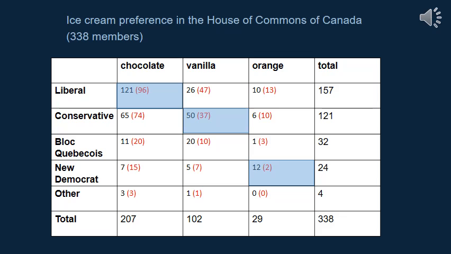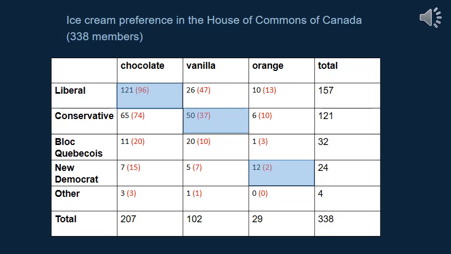I multiply by the total of the column, 207, and I divide by the total of the table, 338. So 157 times 207 divided by 338 gives me 96. So my expected count for the cell liberal/chocolate is 96.